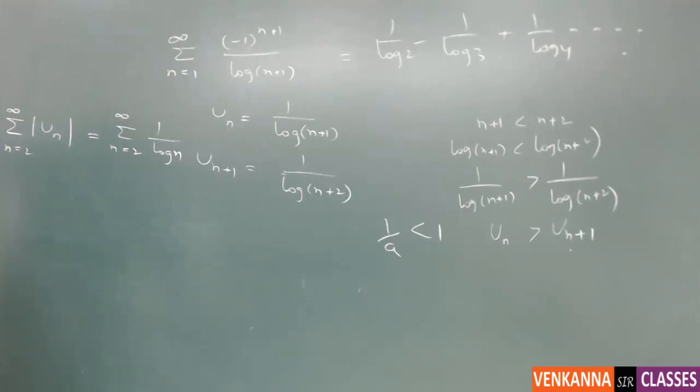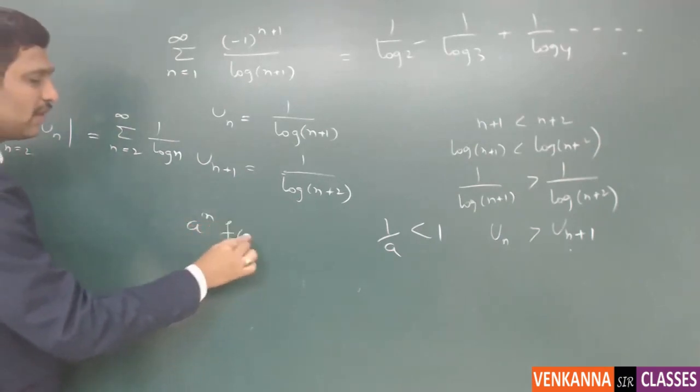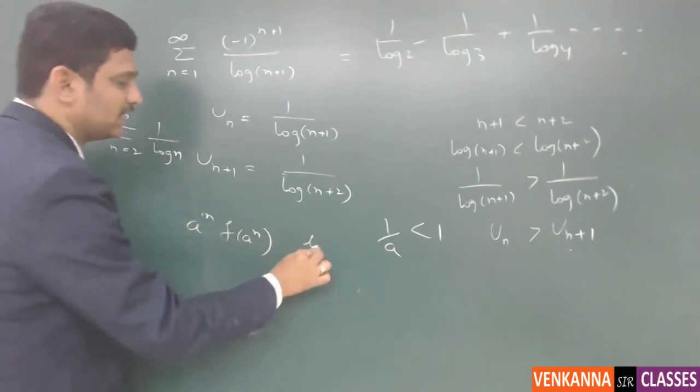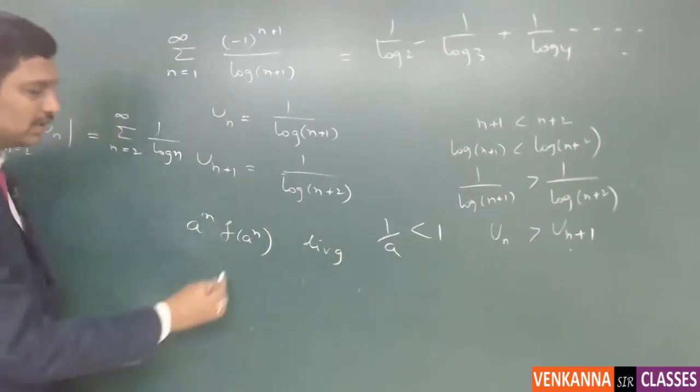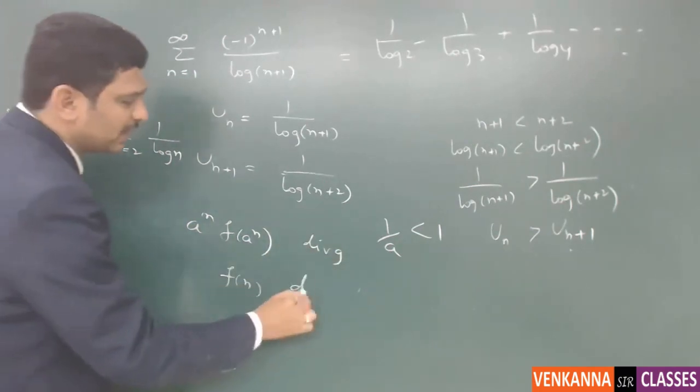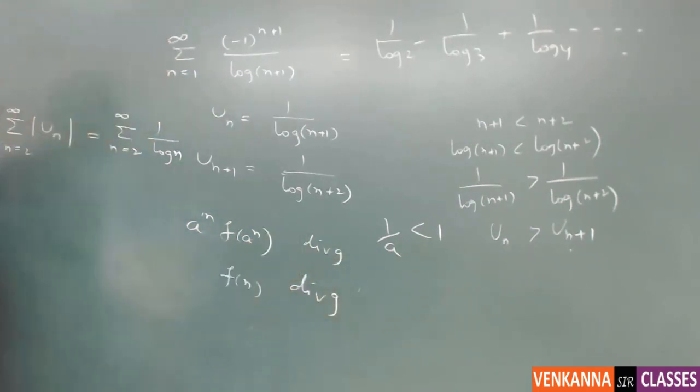Because you have applied the ratio test there, the limit value is 1 by a. Since 1 by a is less than 1, by ratio test, a power n into f of a power n is divergent. Therefore, f of n is divergent by condensation test. So this is by ratio test and this is by condensation test, nothing but 1 by log n. Right?